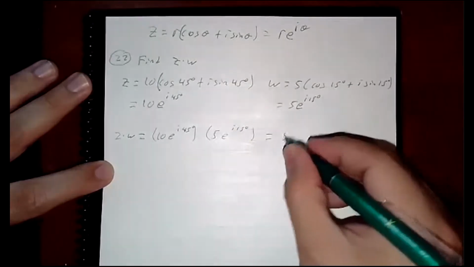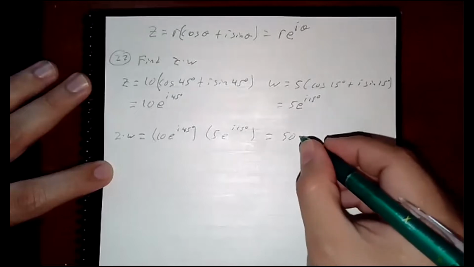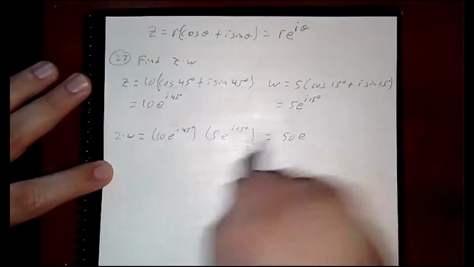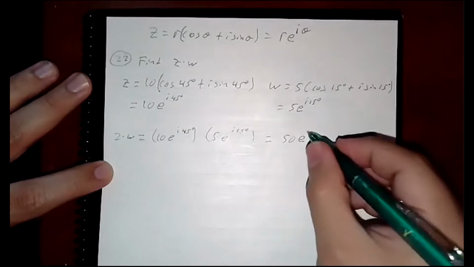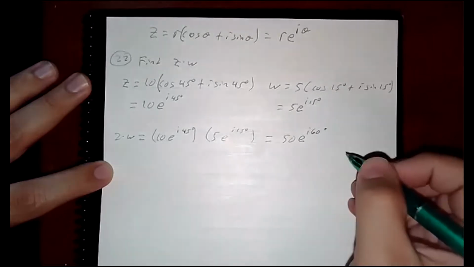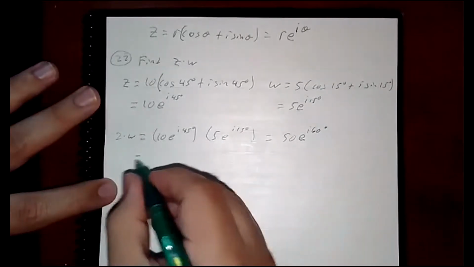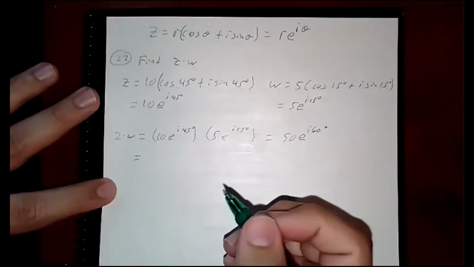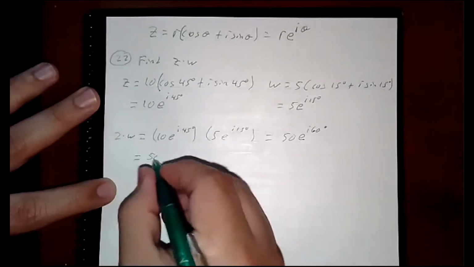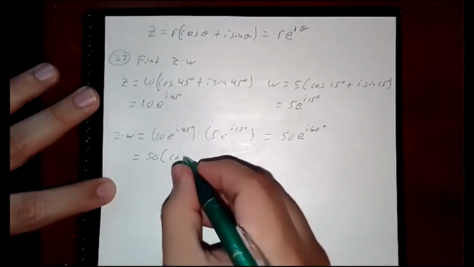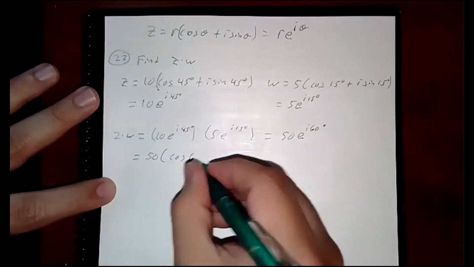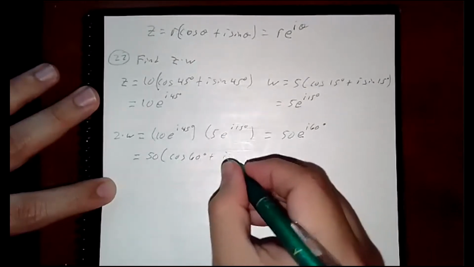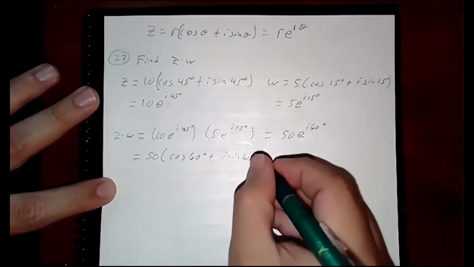So that would be 50 e to the I times 45 plus 15, that would be 60 degrees, right? And then going back to the other form, that would be 50 cosine of 60 plus I sine of 60.